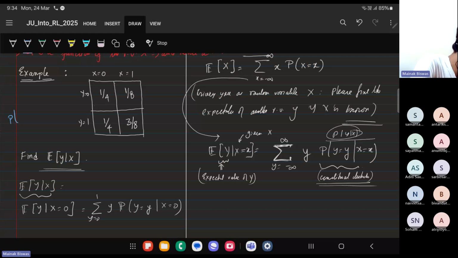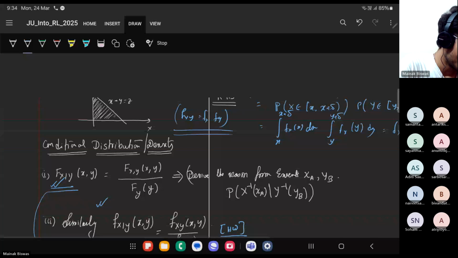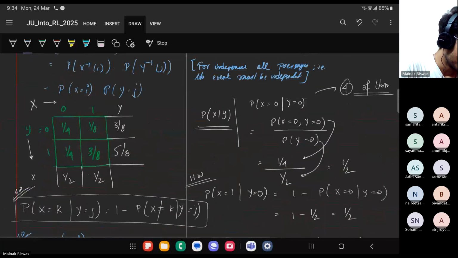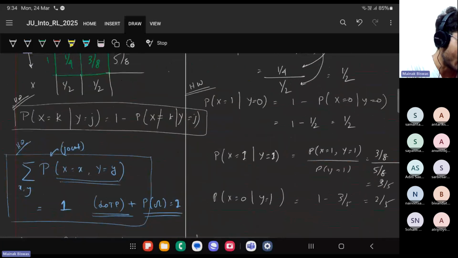So we have already found out the conditional probabilities. Can you recall? Can you give me the numbers if someone has it noted down? Probability of y equal to 0 given x equal to 0, and probability of y equal to 0 given x equal to 1. I think the first number was half. Let me just check. Yeah, x given y.